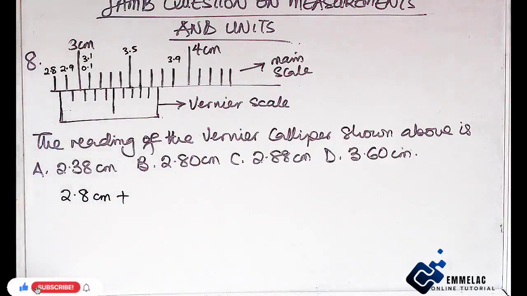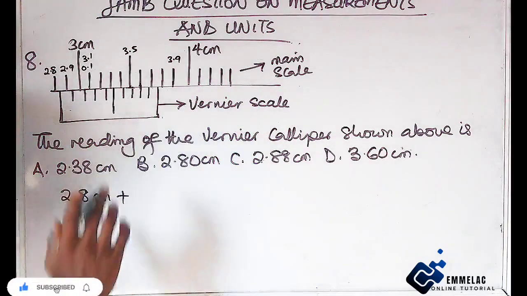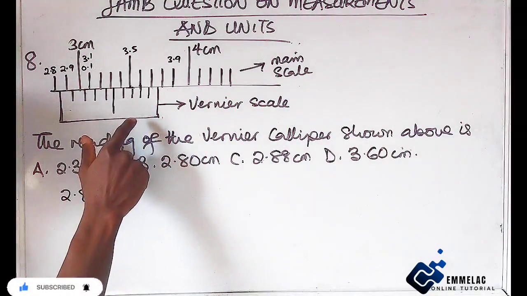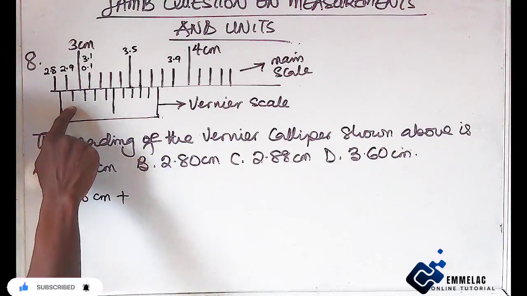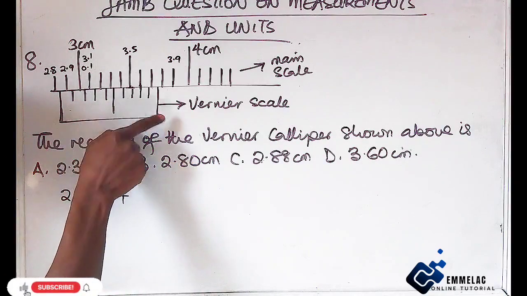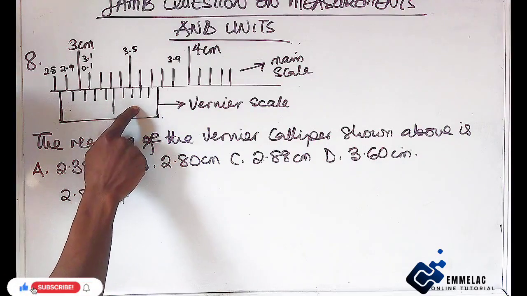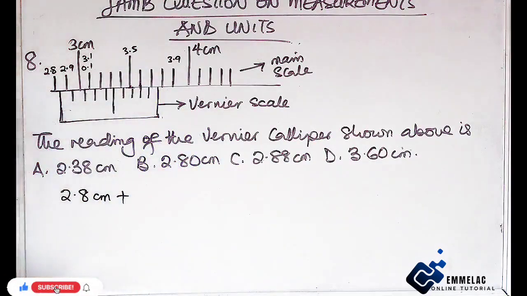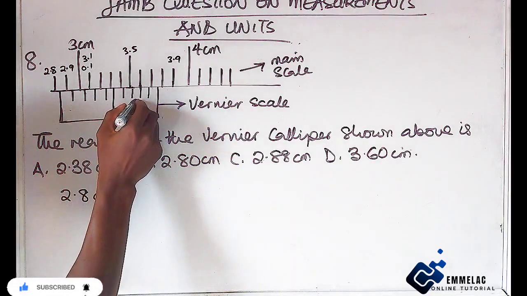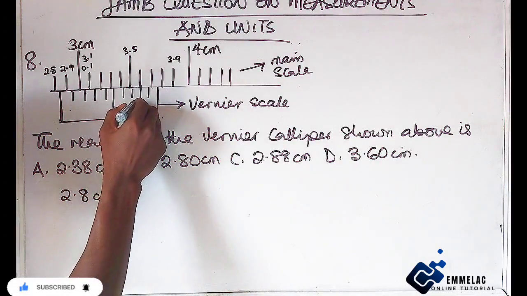Now plus, let us ascertain that of the vernier scale, where you will need to focus on which of these lines on the vernier scale align with the main scale. And if you look at it closely, you agree with me that it is this particular one.